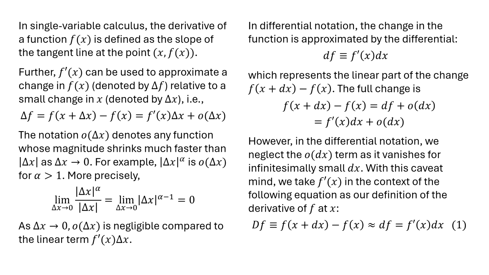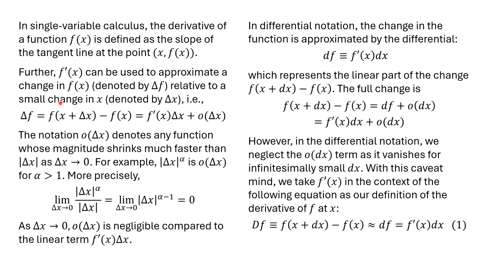So let's continue. Further, the derivative of f at x can be used to approximate a change in f of x, denoted by delta f, relative to a change in x, denoted by delta x. It's given by this formula here.